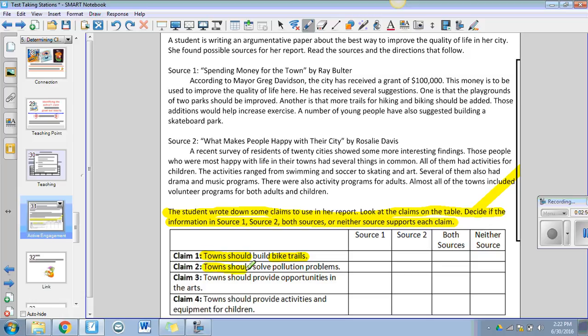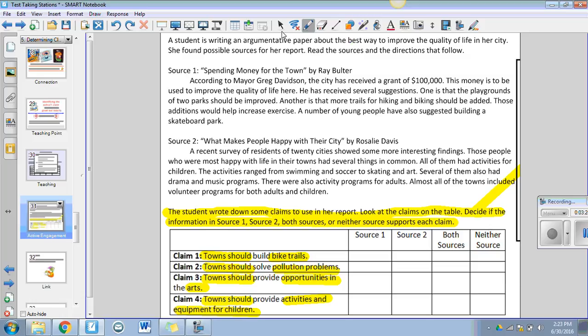Your important words here: towns should solve pollution problems. Your third claim, towns should provide opportunities in arts. Your important words here would be towns should provide opportunities in the arts. Claim 4, towns should provide activities and equipment for children. Towns should, activities and equipment for children.